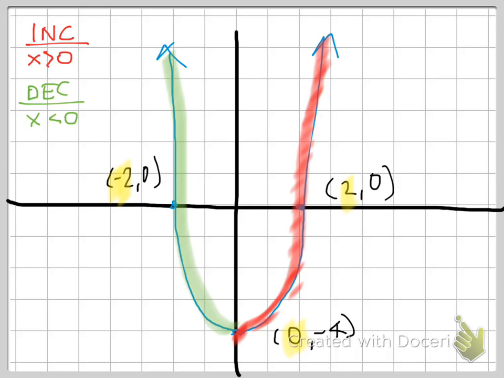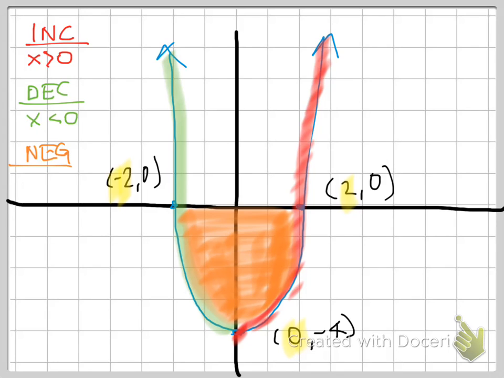Now let's look at the negative part. Remember, anything below the x-axis, and a lot of people like to color this in, anything below the x-axis is negative. So let's look. My pen's kind of being weird.